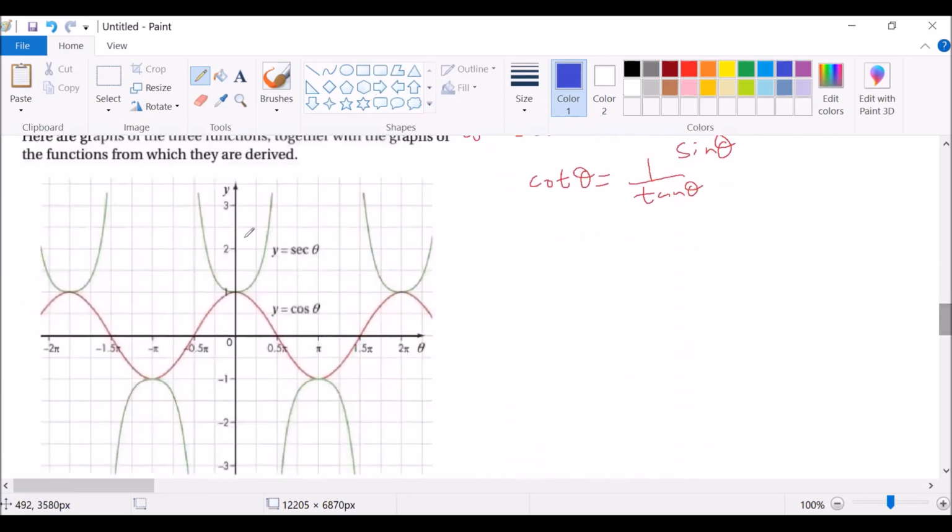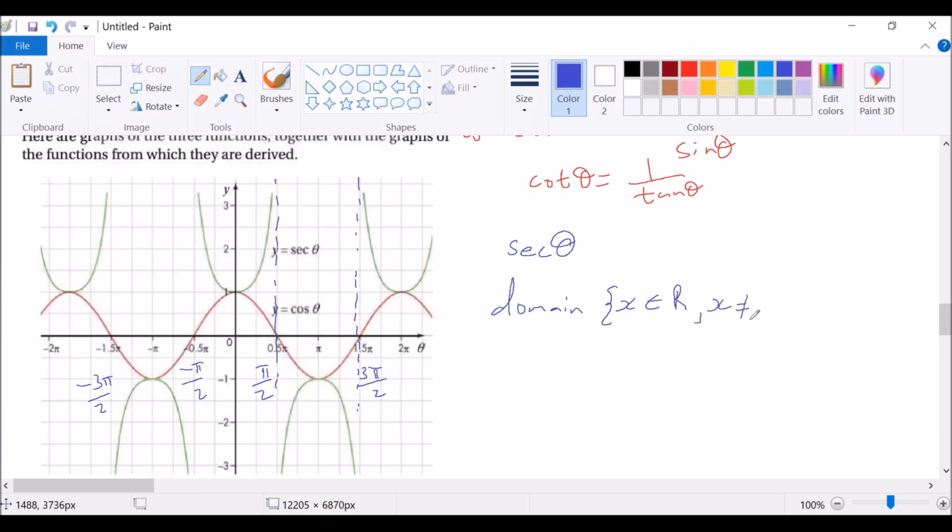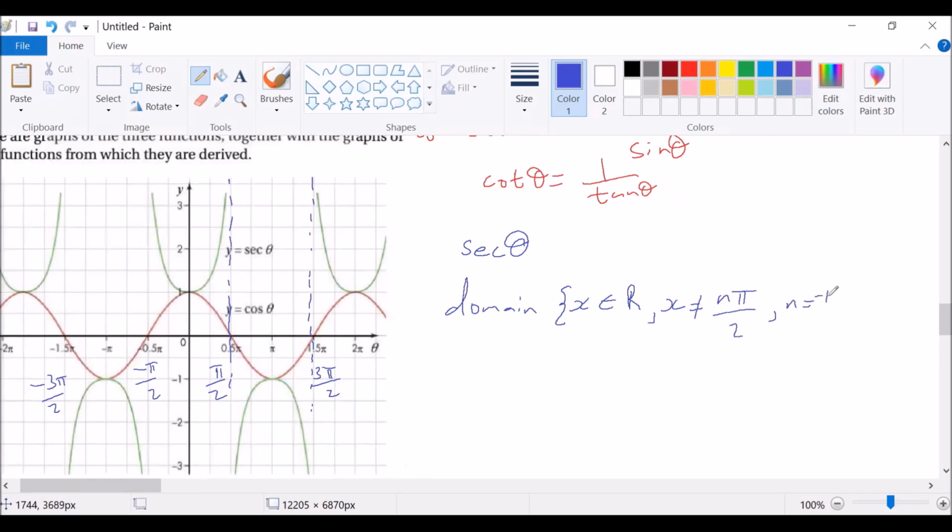So this is our view of y is equal to sec theta in green with asymptotes at pi over 2, 3 pi over 2, minus pi over 2, minus 3 pi over 2, and so forth. So for the domain of sec theta, the x values that are permitted, we can say in set builder notation, x is an element of the real numbers, x is not equal to n pi over 2, n is equal to plus or minus 1, 3, 5, and so forth.